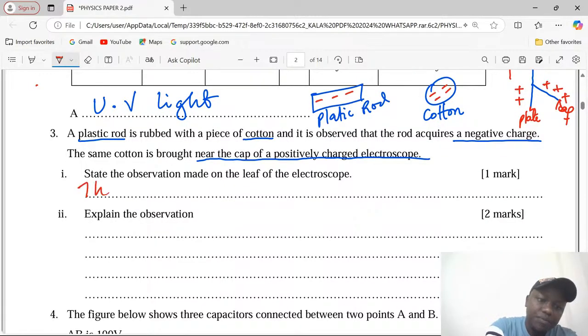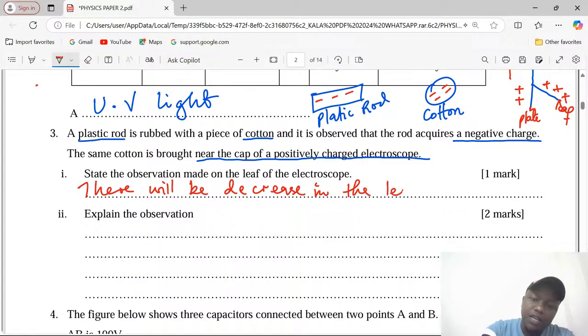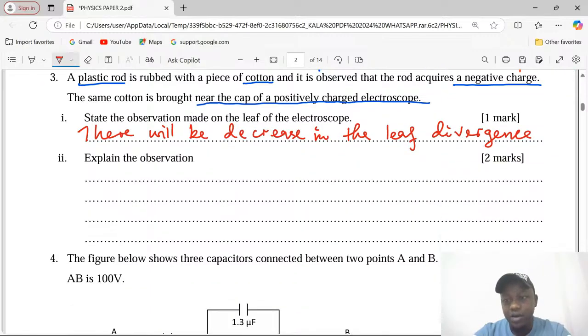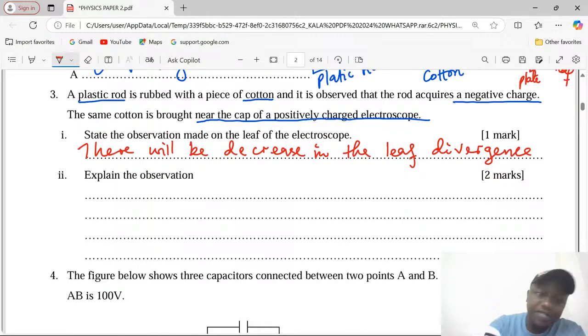There will be decrease in the leaf divergence. Why is there decrease in the leaf divergence?